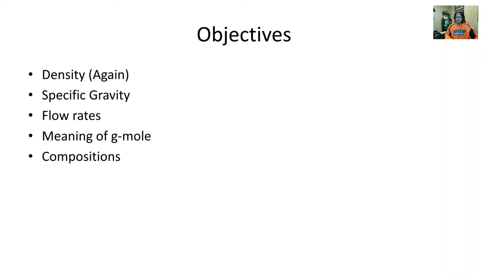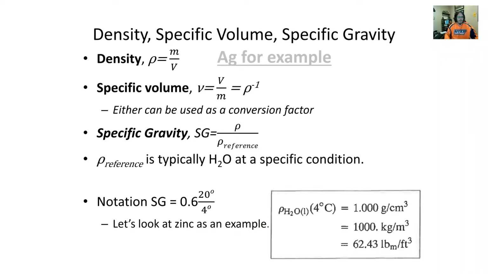And even if you've seen this stuff before, I implore you, watch it again, because it never hurts to get a refresher. So we're talking about density, volume and specific gravity.